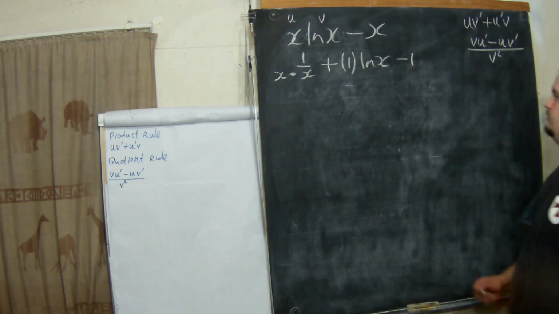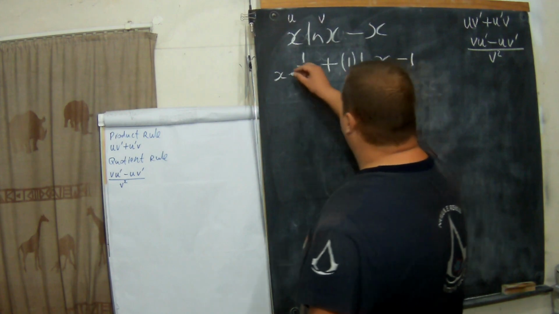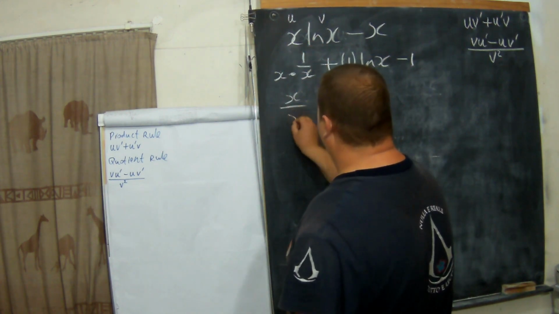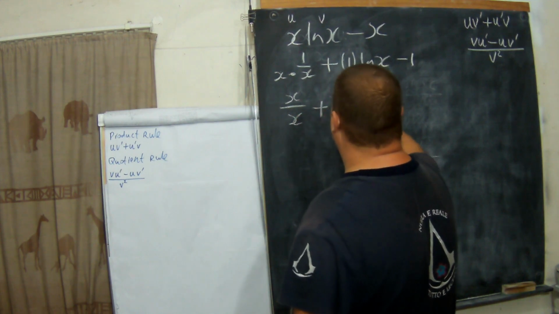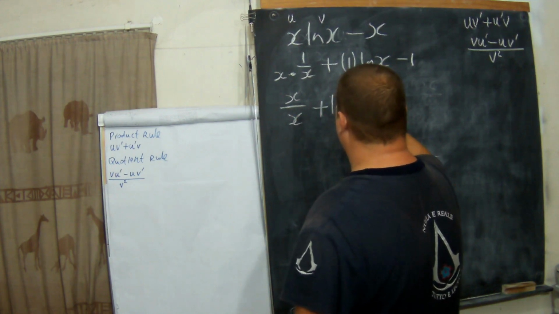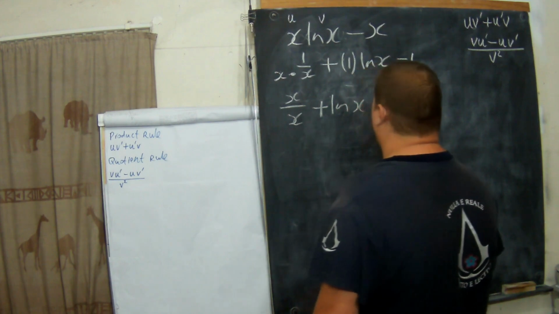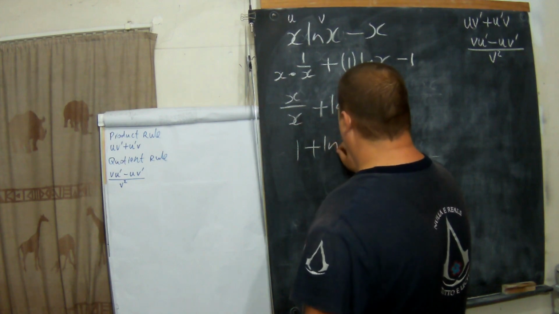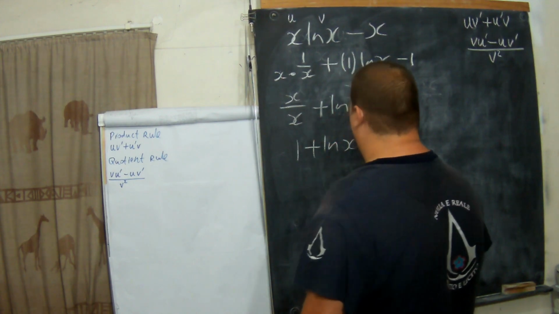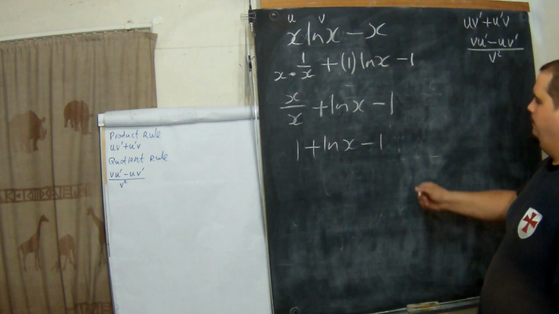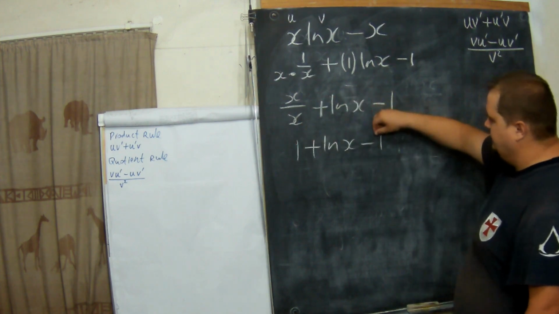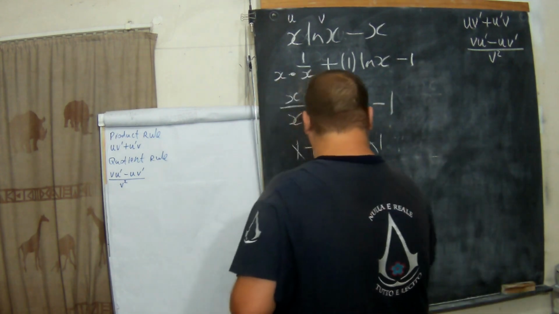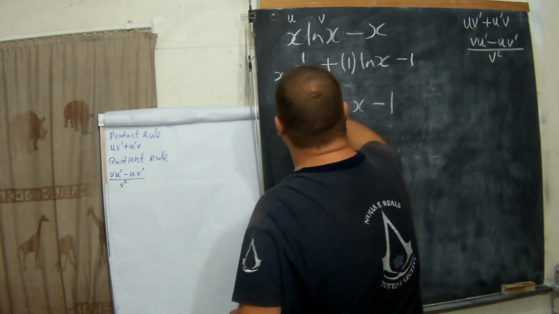Now what we need to do is go x times 1 over x is x over x, plus 1 times ln x is ln x, minus 1. So x over x is 1, plus ln x minus 1. Now, plus 1 and minus 1 cancel each other out. So all we are left with is ln x.